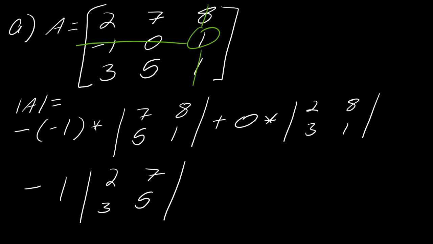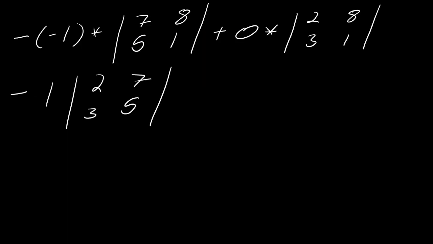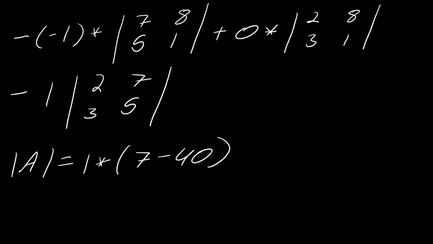All right, and so now we've got everything that we need to finish the calculation here. So let me make a little space. Okay, and so now for my determinant, this will be 1 times 7 minus 40. I just went ahead and did the calculation: 7 times 1 is 7, 5 times 8 is 40. So the next part is plus 0. I'm not even going to calculate the next determinant because it doesn't matter, right?